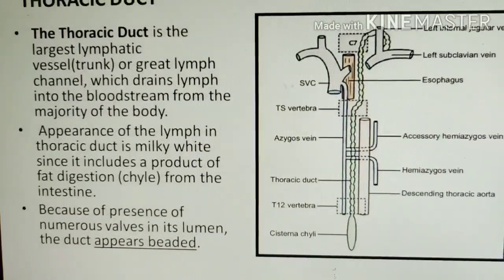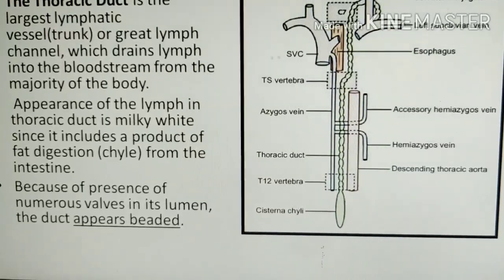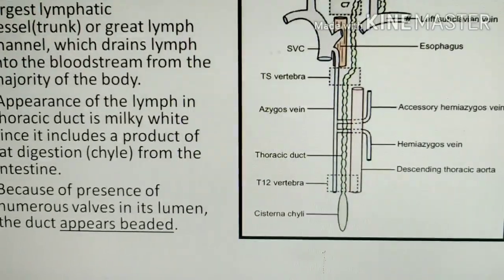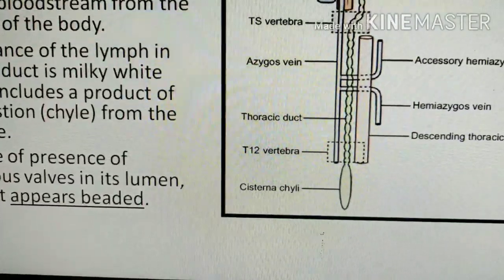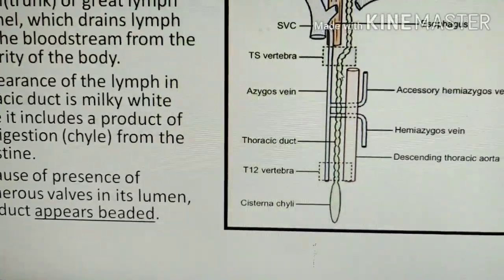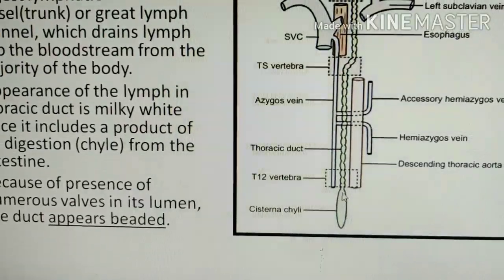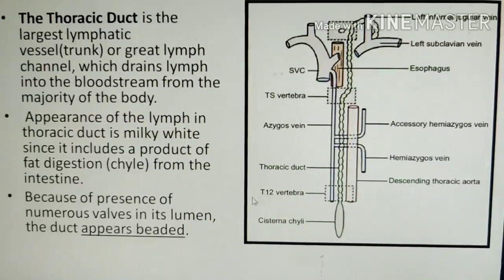Because it is produced from the digestion of fat, known as chyle, from the intestine. The thoracic duct appears beaded. Why? Because there are numerous valves present in the lumen of the thoracic duct.